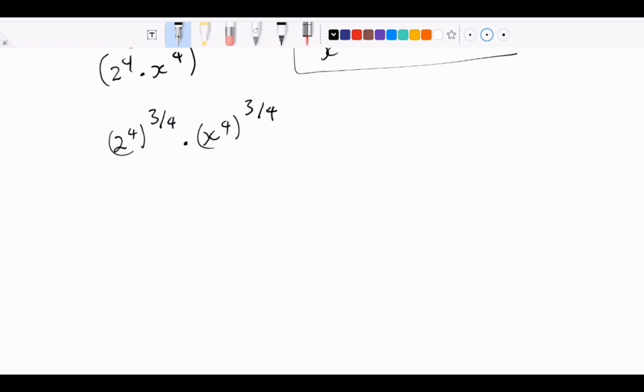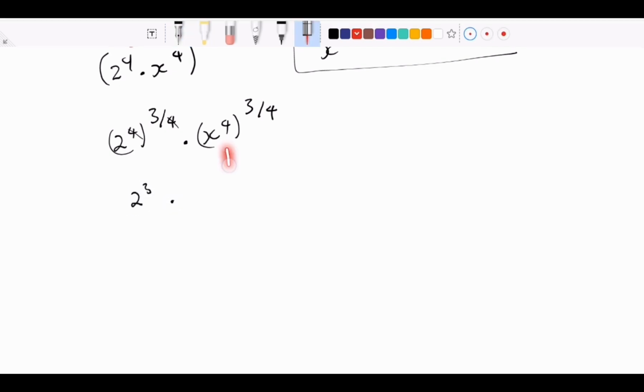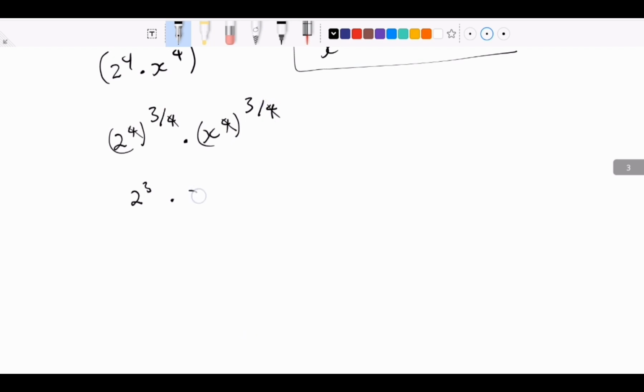Now I know that when I have a power of a power, I multiply the exponents. When I do that, the 4 cancels the 4 over there, and I would be left with 2 to the power of 3. For the x part, 4 again cancels the 4, and I'll be left with x to the power of 3.